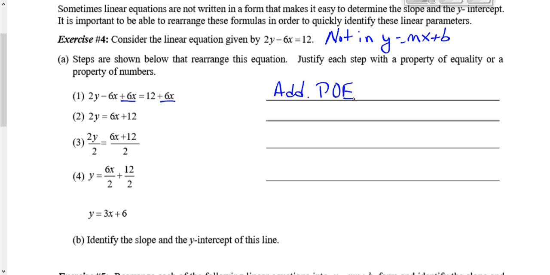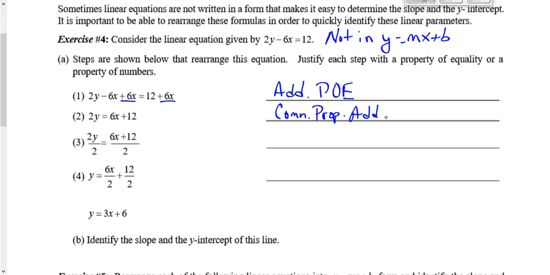We took the 12 plus 6x and made it 6x plus 12. Because now it's looking closer to this, right? And what property did they use to do that? Where you can just move things from place to place. The commutative property of addition. Yeah, you guys remember that.